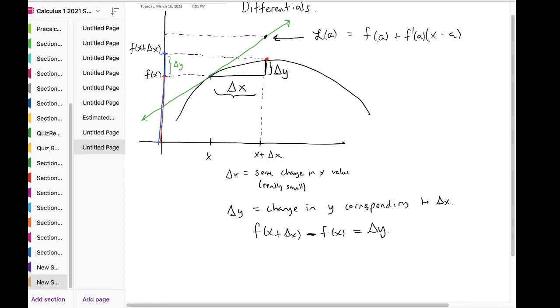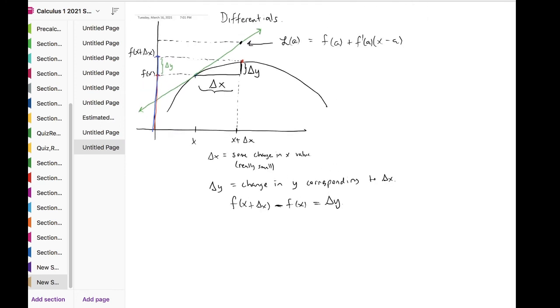Okay, so let's see how the differential comes into play. What will define this value here? Let's see, so this value is delta y, or dy. Sorry.